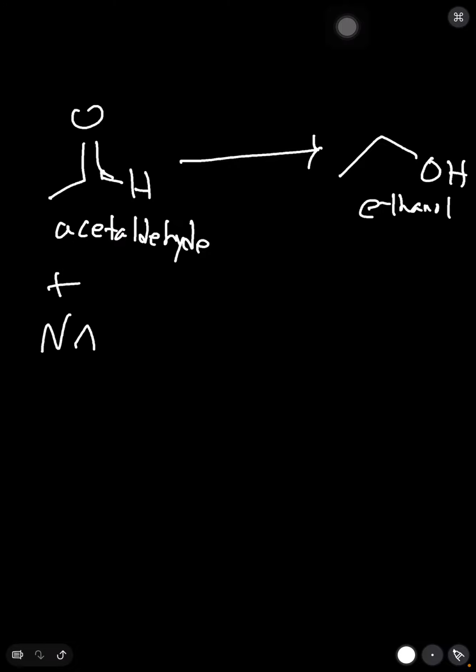That's where NADH comes in again. NADH gets converted into NAD+. So just like lactic acid fermentation recycled NAD+, alcoholic fermentation also recycles NAD+ in yeast.